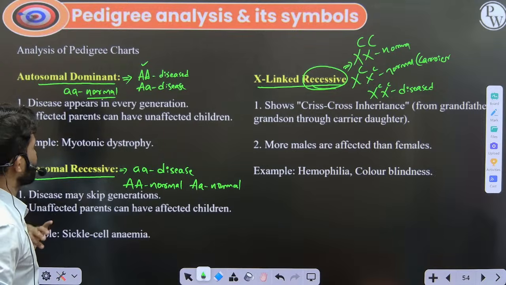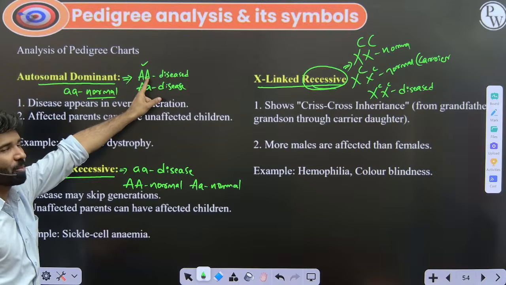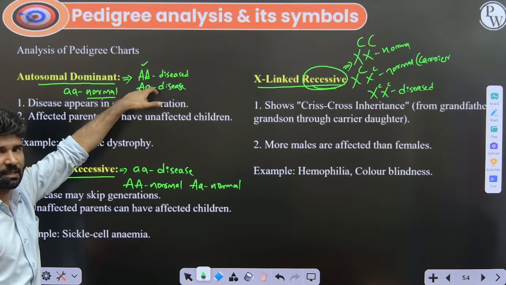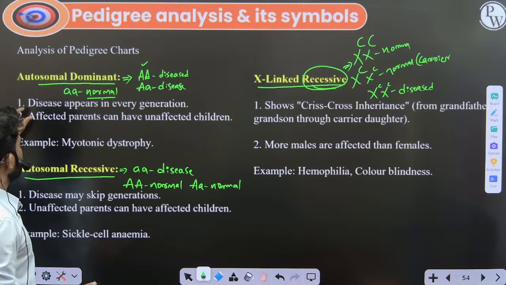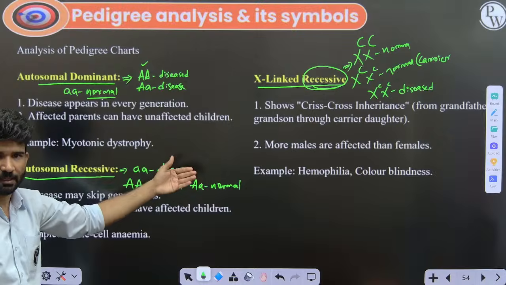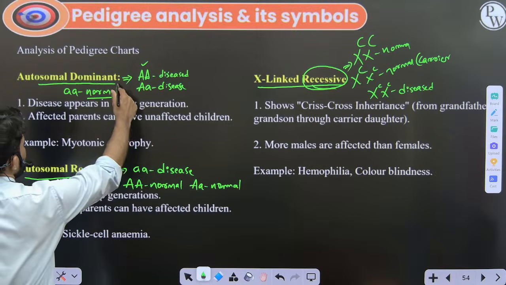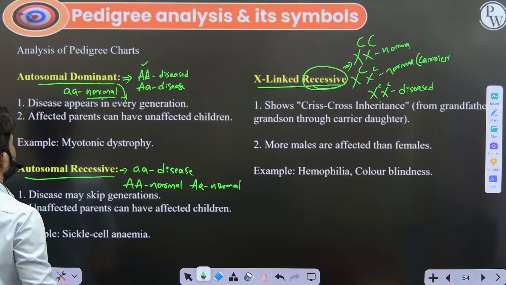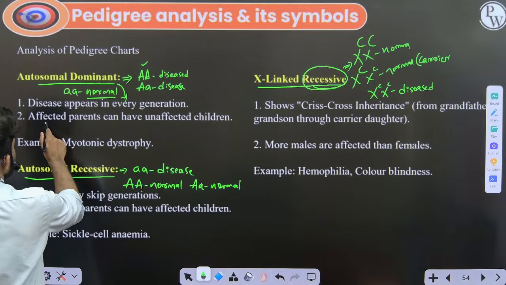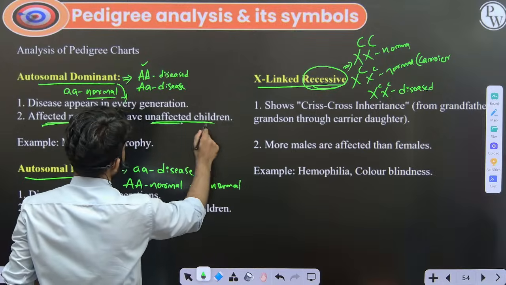First we will see the characteristics. When it is autosomal dominant, at least one dominant gene is present in the phenotype. The disease appears in every generation. When you see the chart, the disease appears in each and every generation, then it is definitely a dominant disorder. The affected parents can have unaffected children.